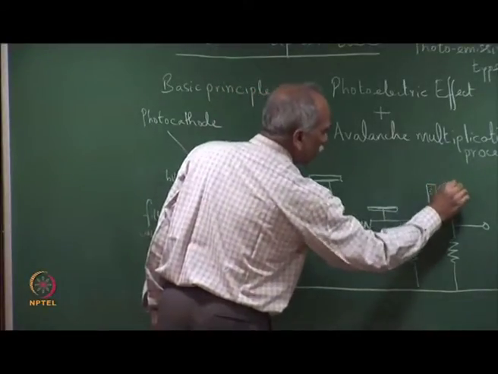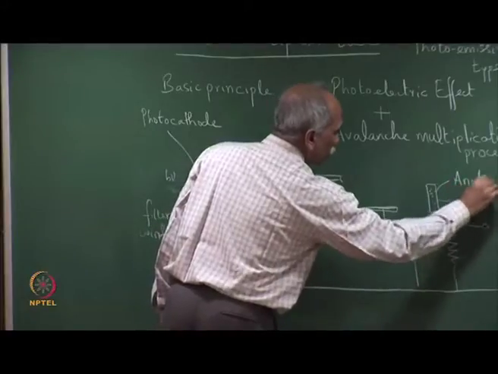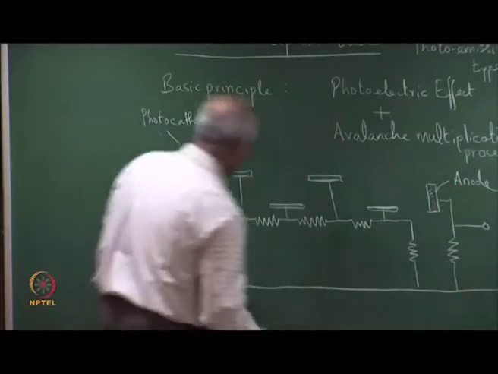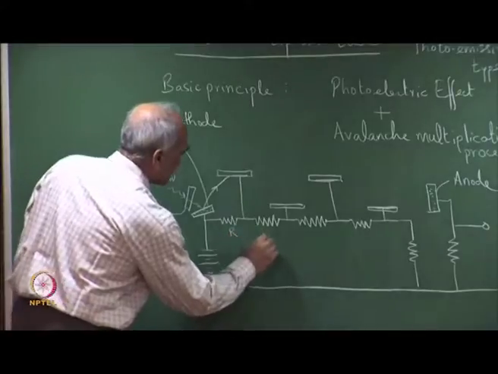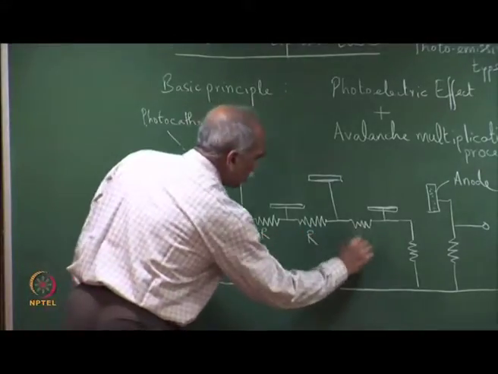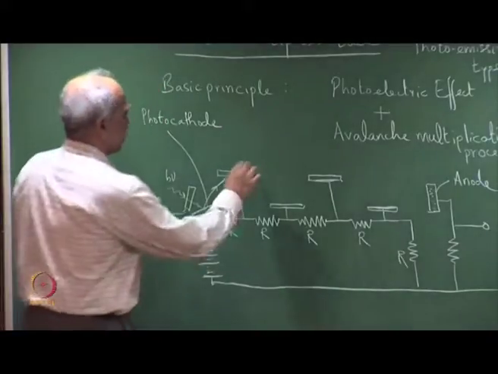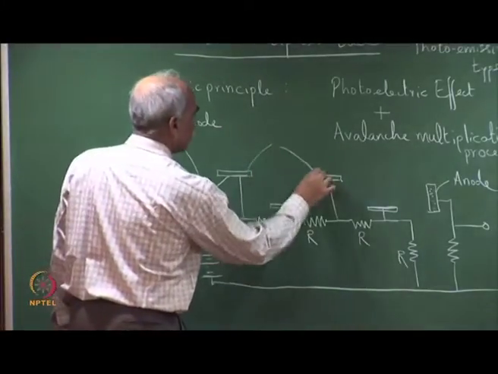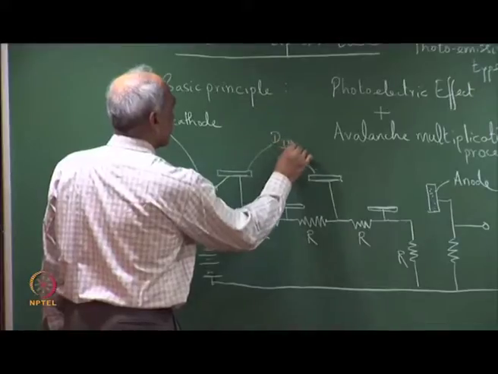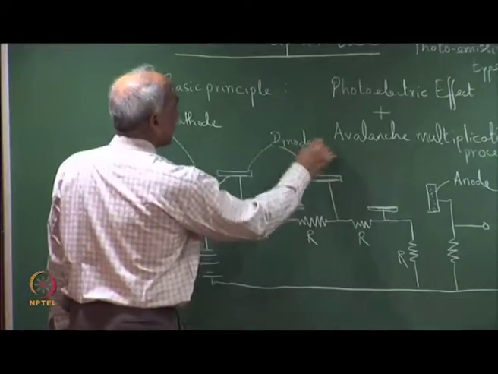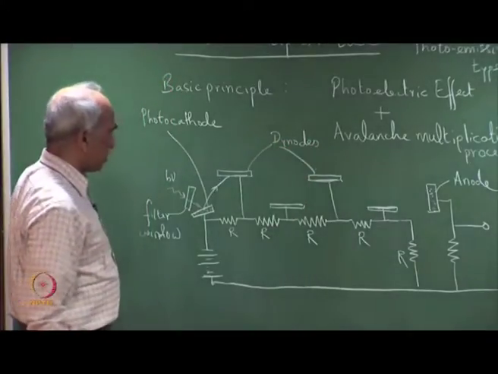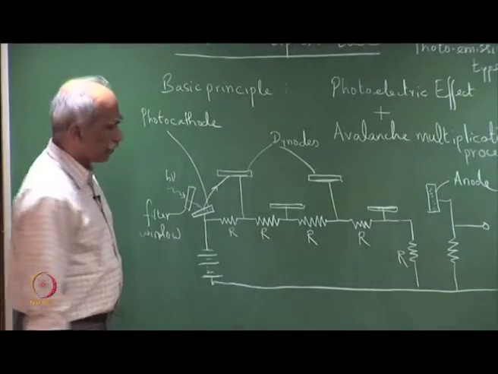This is an anode, and these are resistances, all equal resistances R. This is a schematic representing the operation of a PMT.